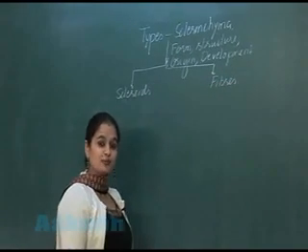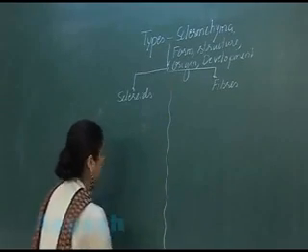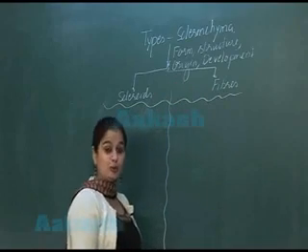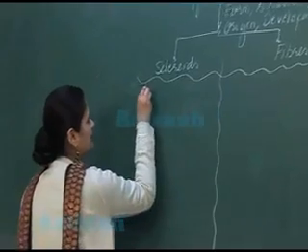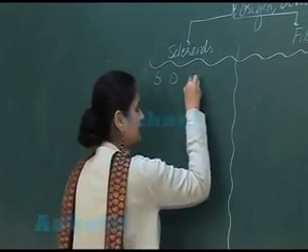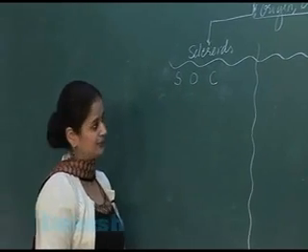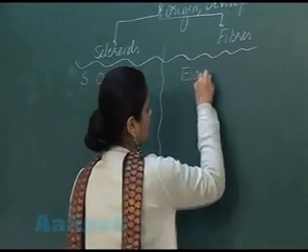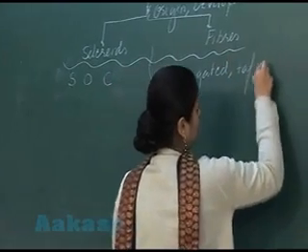We are going to perform a comparative study of both. First of all, the shape. In the case of sclereids, the shape can be spherical, oval, or cylindrical. Generally these three types of shapes are there. Fibers are elongated cells with tapering ends.